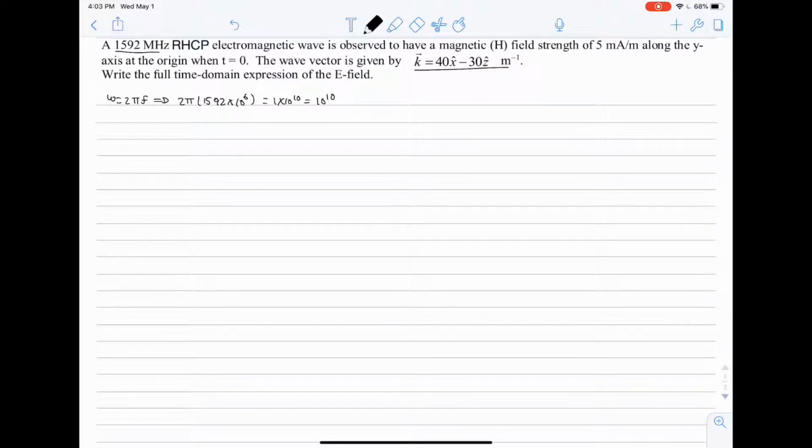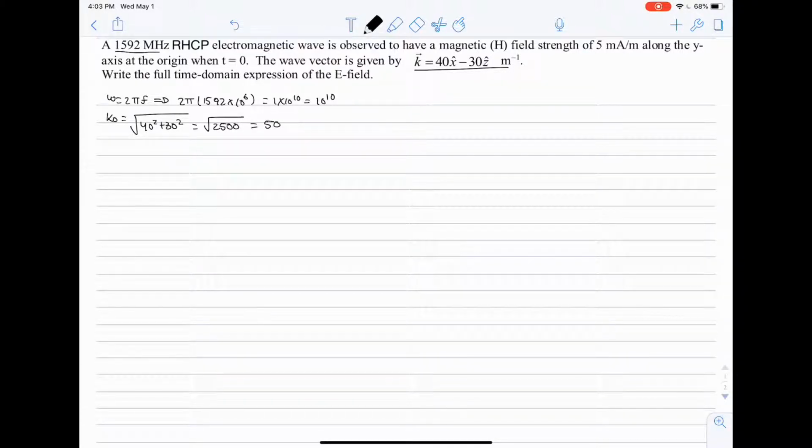And next, we want to figure out our K naught, or our magnitude. That is given by the equation K naught equals the square root of 40 squared plus 30 squared, which equals the square root of 2500, which gives us 50.